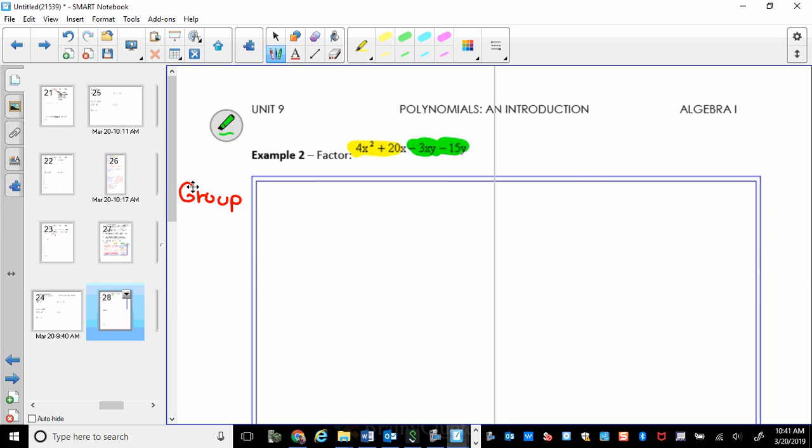All right? Taking care of the first group, I have 4x squared plus 20x. On the other side, my group, negative 3xy minus 15.